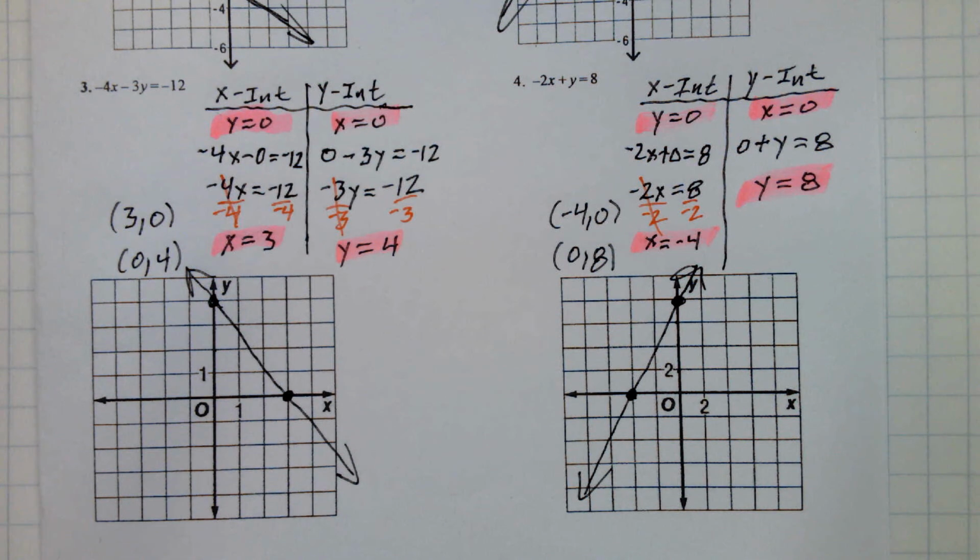You gotta be careful with those negatives. All right. So any questions? So the assignment today is to graph linear functions by finding the X and Y intercepts from equations in standard form. That's a mouthful.